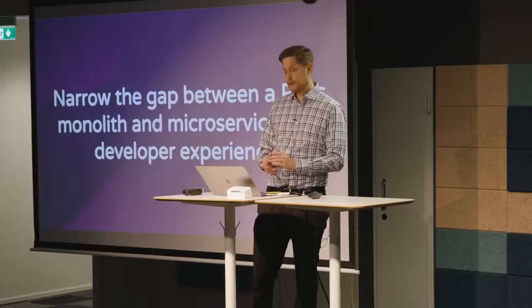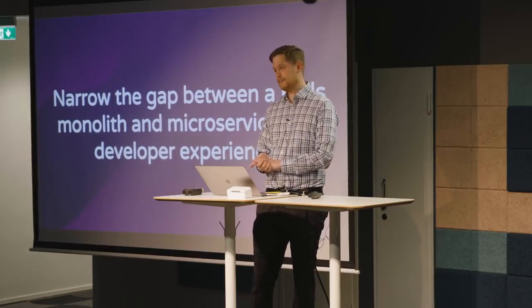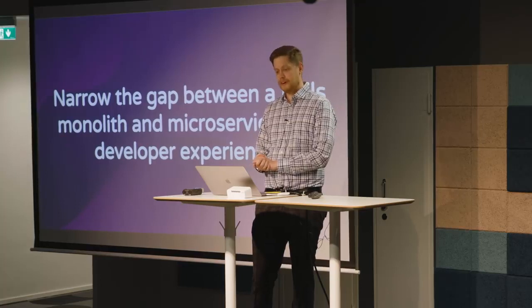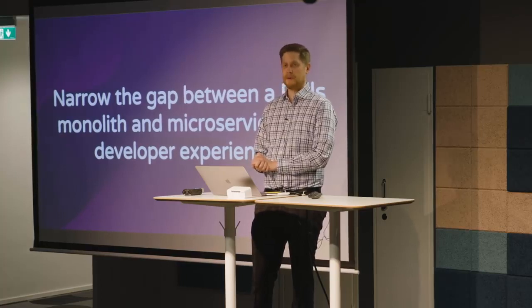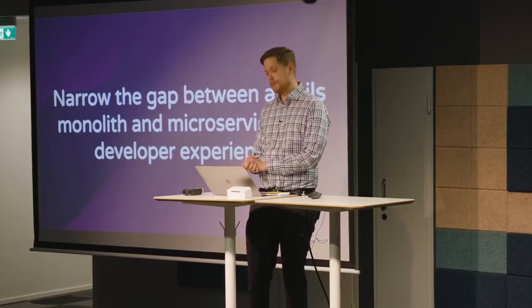Because as you grow your number of services, suddenly each manual step starts to add up, and to get the full development environment running, you probably need to go through 30 different steps if you have 30 different services.